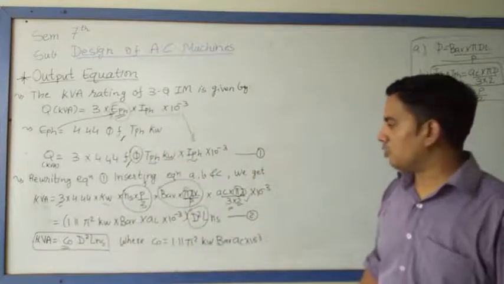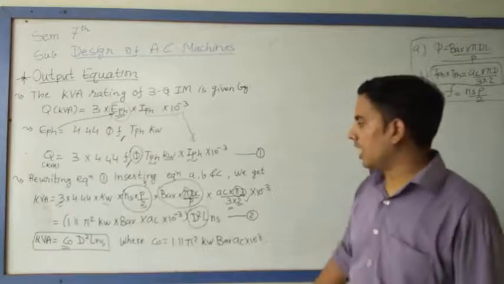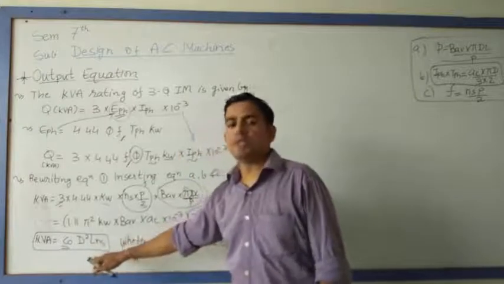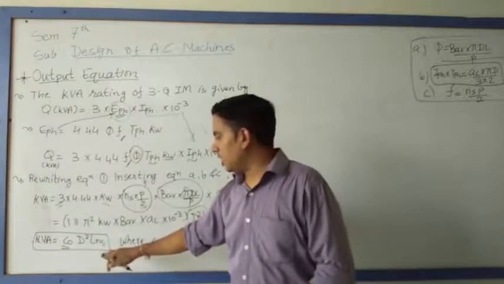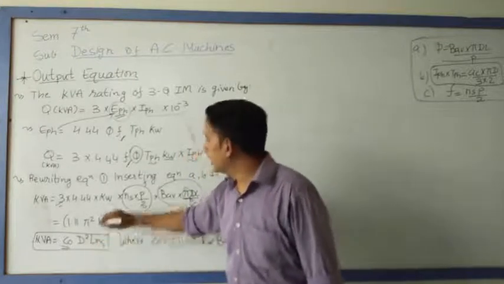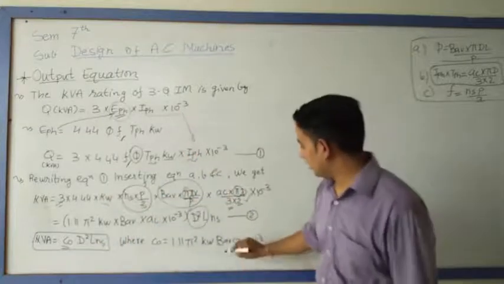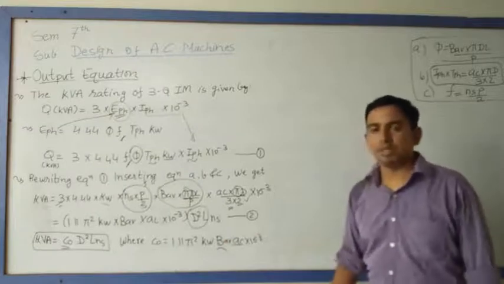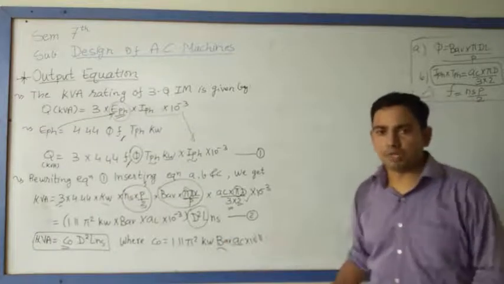This equation is derived in terms of its main dimension, means D, L, specific electric loading and specific magnetic loading as per the definition of output equation.